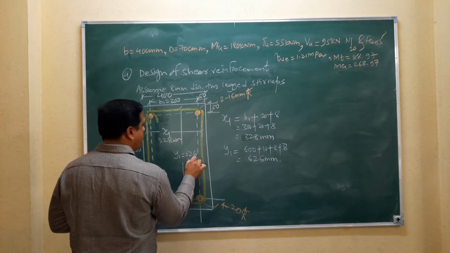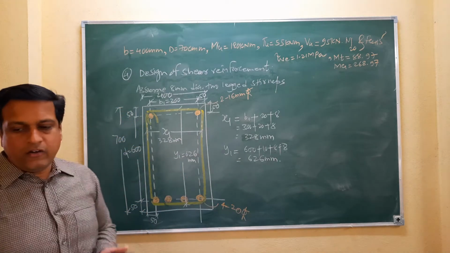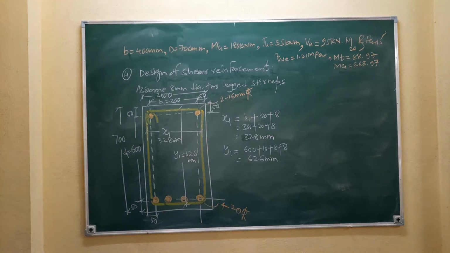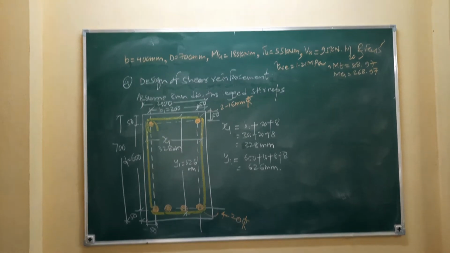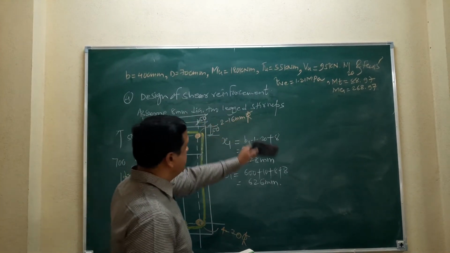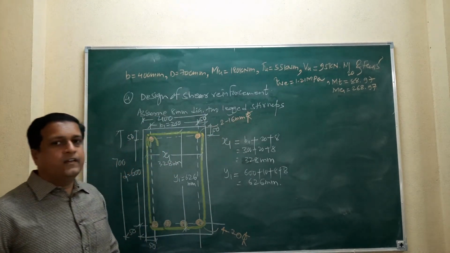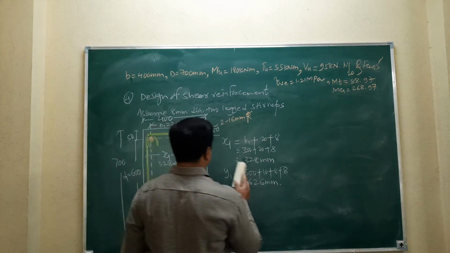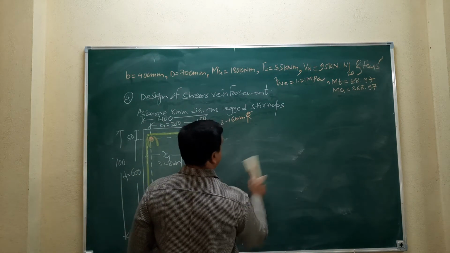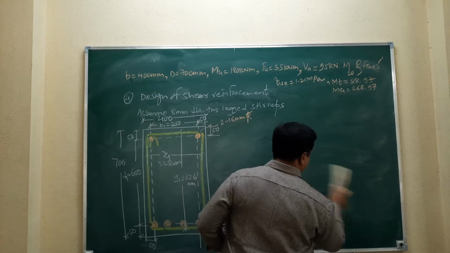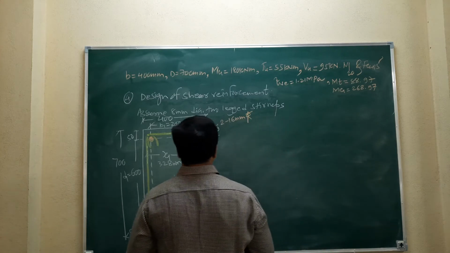Okay, so now you have to find out the spacing of stirrups. Is it clear? Now, what is the first value?